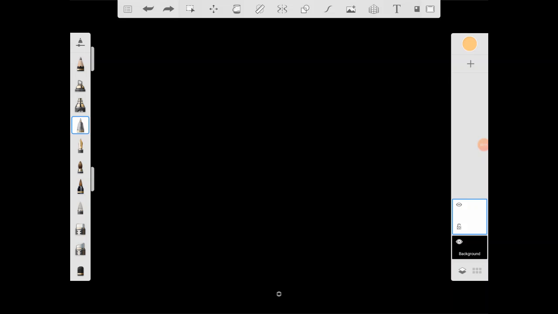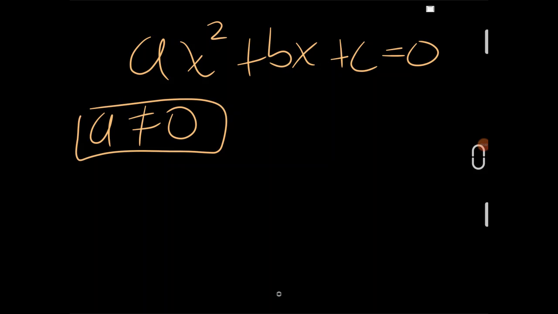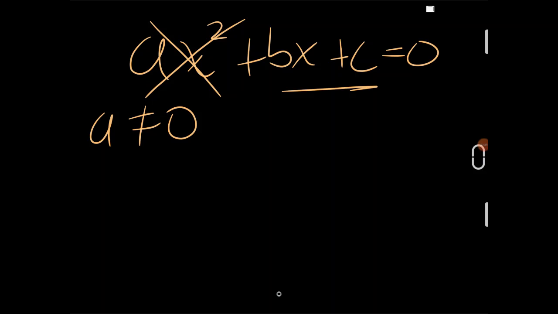Okay. So this is the general form of a quadratic equation: ax square plus bx plus c is equal to 0, provided a is not equal to 0. Remember, whenever you say quadratic equation, you should also mention this condition that a is not equal to 0, because if a is equal to 0, this term goes, and it becomes a linear equation.